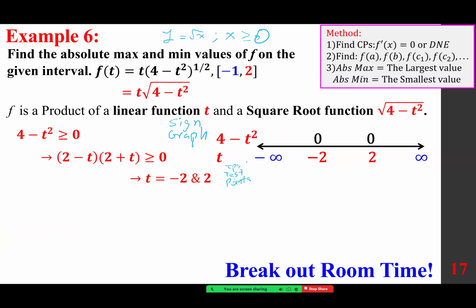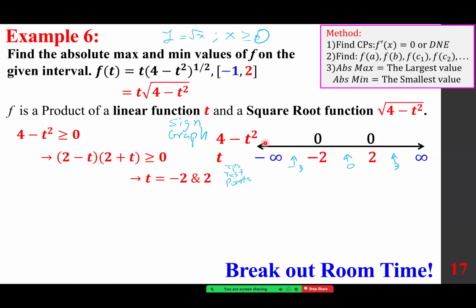So to the left, we pick negative 3. You can pick any number to the left of negative 2. In between, the easiest one would be 0. On the right, in this case 3, or 3,000, something larger than 2. And then you evaluate this part either in its factored form or in this form to figure out what's happening.